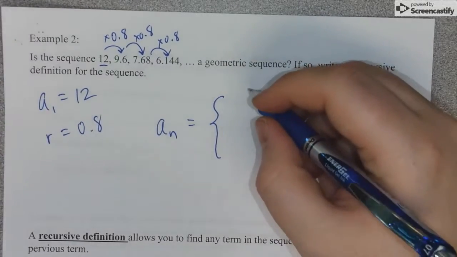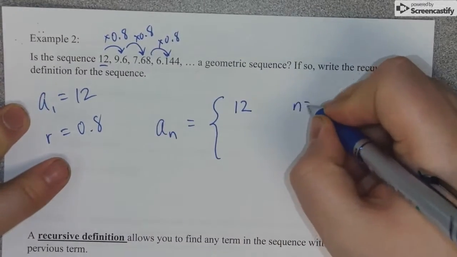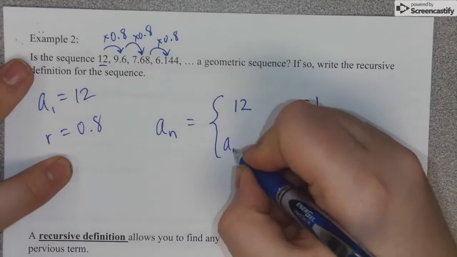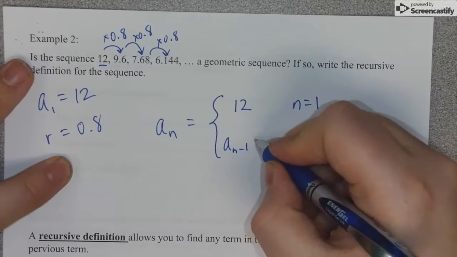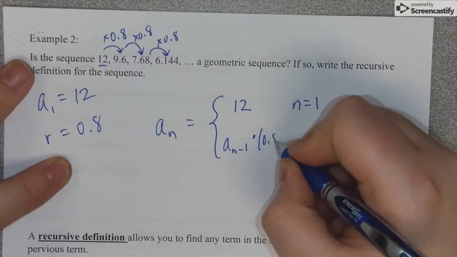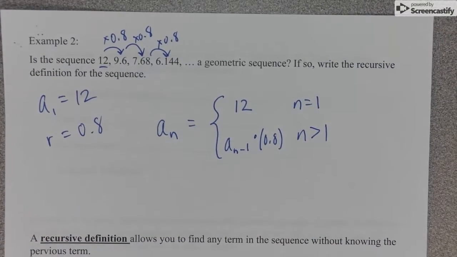So for us, our first term is 12 when n equals 1. And then a sub n minus 1 times your ratio, which is, in this case, 0.8, for n bigger than 1. So pretty straightforward. That's your recursive definition.